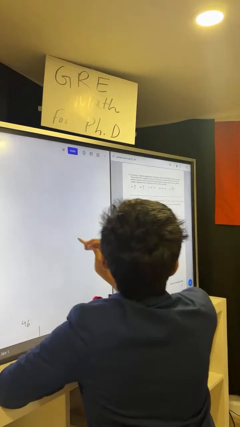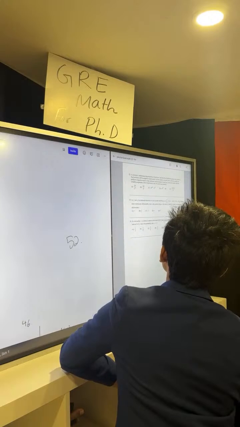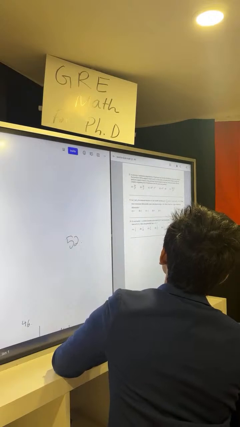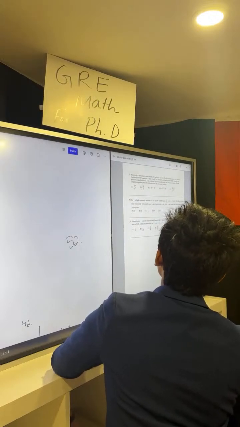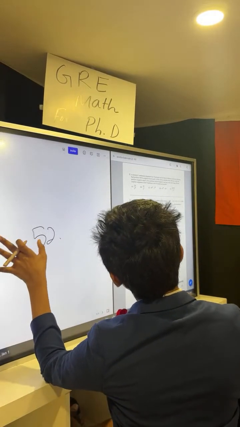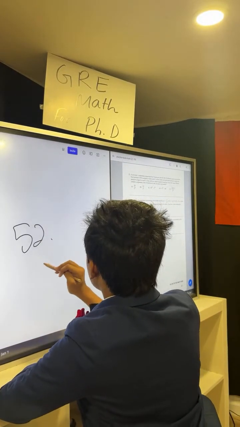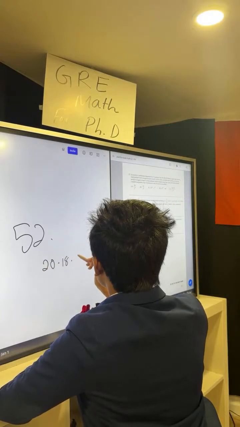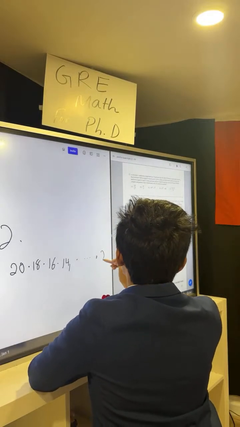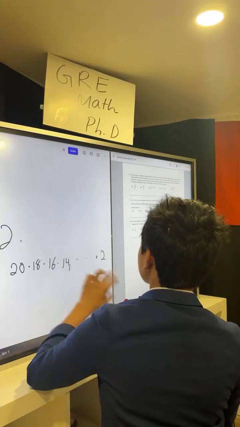10 professors, 20 different courses. Each professor needs 2 of the courses. Each course will have 1 professor. Well, all that's going on here is each professor, it's just 20 times 18 times 16 times 14 times ... times 2, which I'm pretty sure is A, but I'm not completely sure.